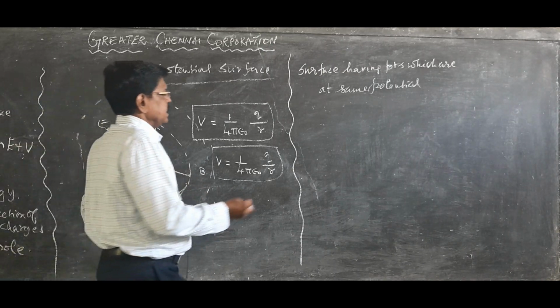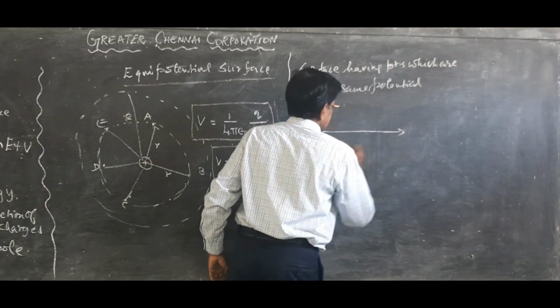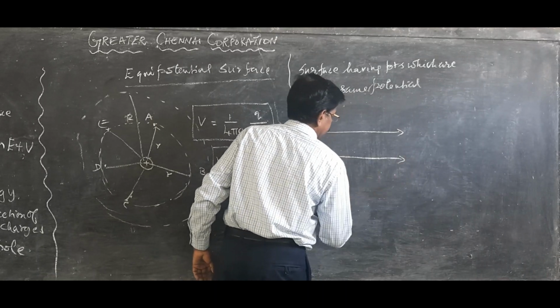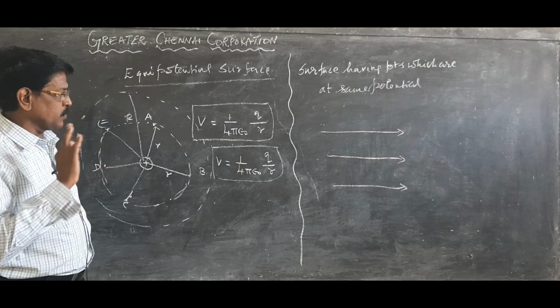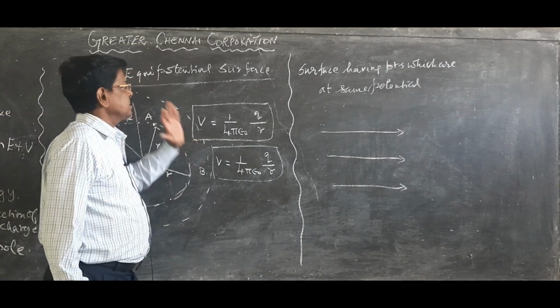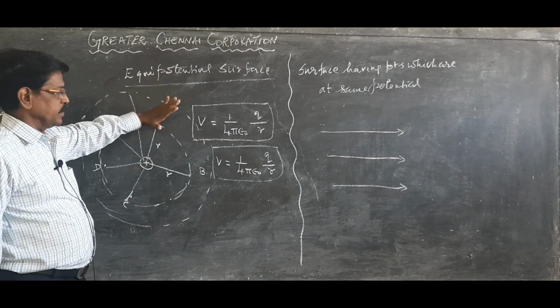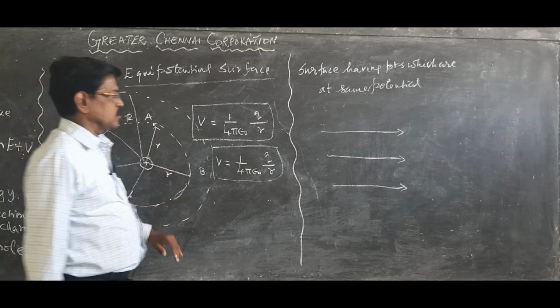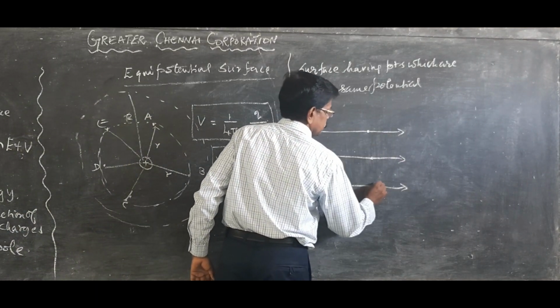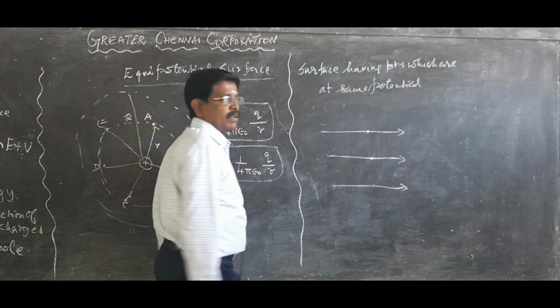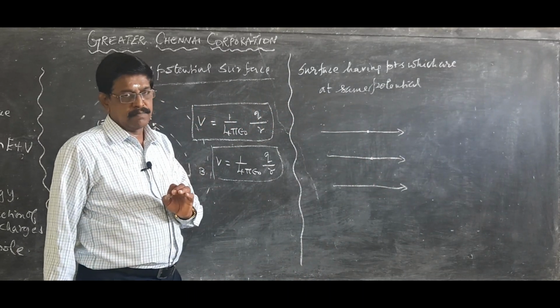Okay. So now let us assume a uniform electric field. In the case of a uniform electric field, what is the equipotential surface? It won't be spherical in nature. Suppose you consider the points here, all the points will have the same potential.